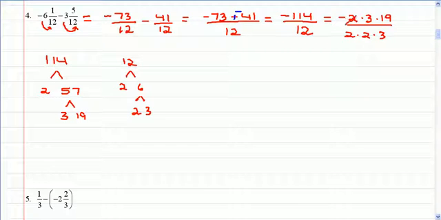The 2's cancel, and as an improper fraction, -3 times 19 is -57 over 6. But then I can convert this into a mixed number, and 6 times 9 is 54.